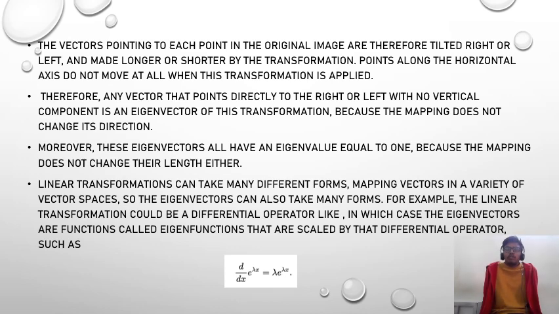For example, the linear transformation could be a differential operator, in which case the eigenvectors are functions called eigenfunctions that are scaled by that differential operator, such as d by dx of e power lambda x is equal to lambda e power lambda x.